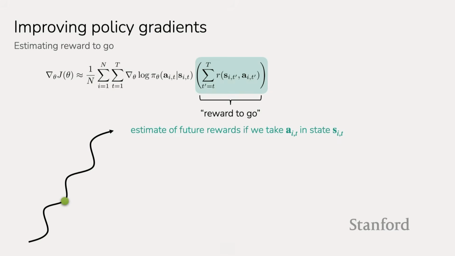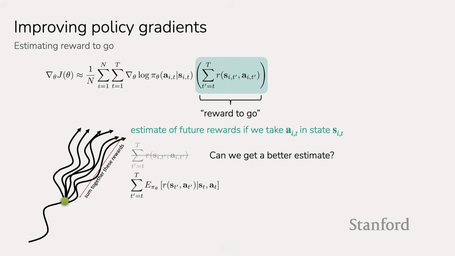Looking at the slides right now, for a single trajectory, we sum together the rewards that we saw, which in the example before were negative because we took a small step forwards and then fell backwards. But if instead we could run the policy many, many times and get a Q function for the state, that would be the true expected rewards to go under the expectation of our policy.